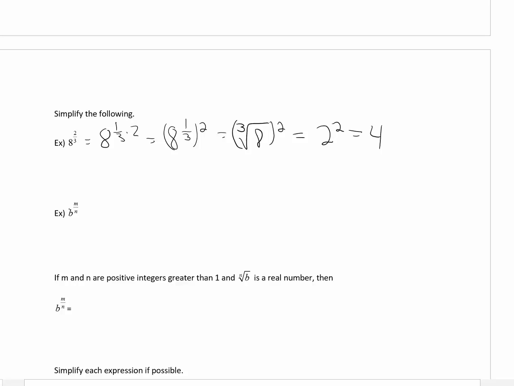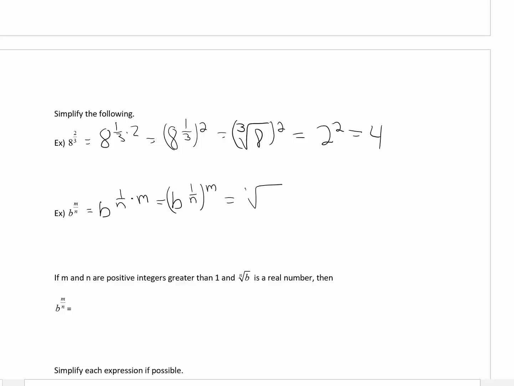Well, let's take a look at b taken to the m divided by n power. Again, I can rewrite this as b taken to the 1 divided by n times m. That's the same thing as rewriting it like this. And I now know how to write b taken to the 1 divided by n power.